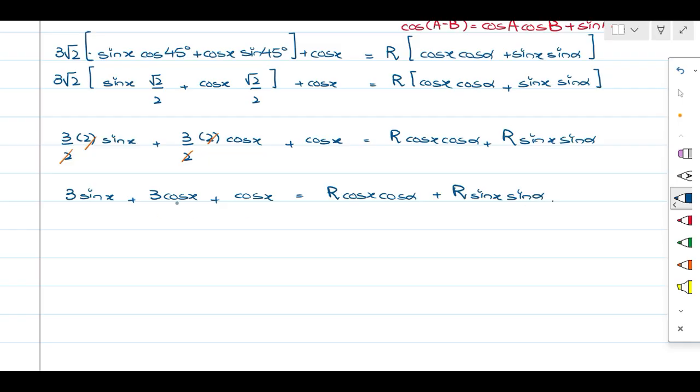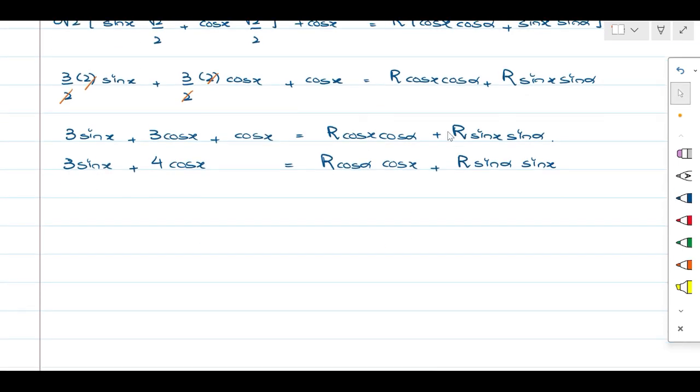Okay, now these are two cos terms. 3 plus 1 is 4 cos x, so this is 3 sin x plus 4 times cos x, and here we have r cos alpha cos x plus r sin alpha sin x. Now we need to compare the coefficients of sin x and cos x. You will get two equations, right?